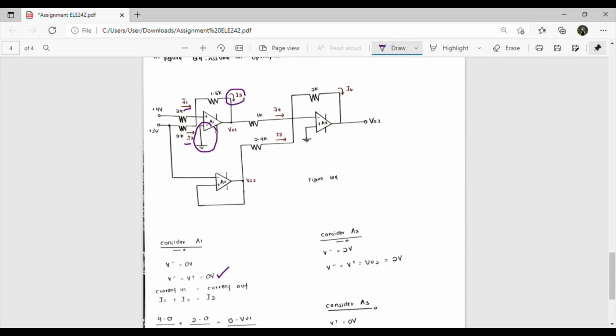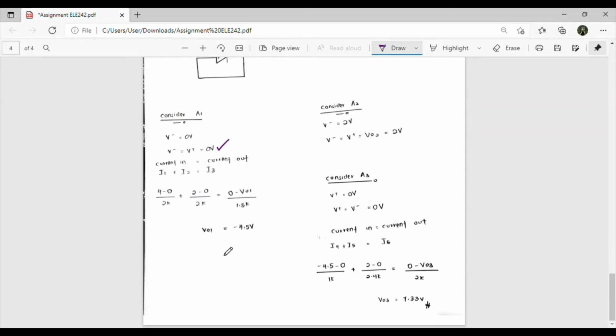So (4 minus 0) divided by 2k, plus (2 minus 0) divided by 2k equal to I3. I3 is (0 minus V node 1) divided by 1.5k. Then I will get that V node 1 is equal to negative 4.5 volts.